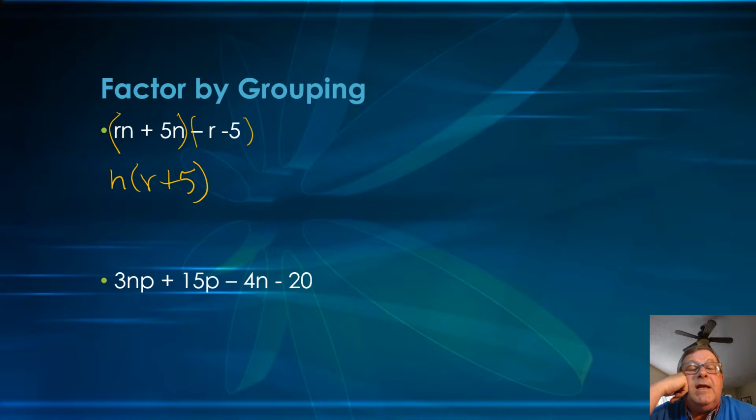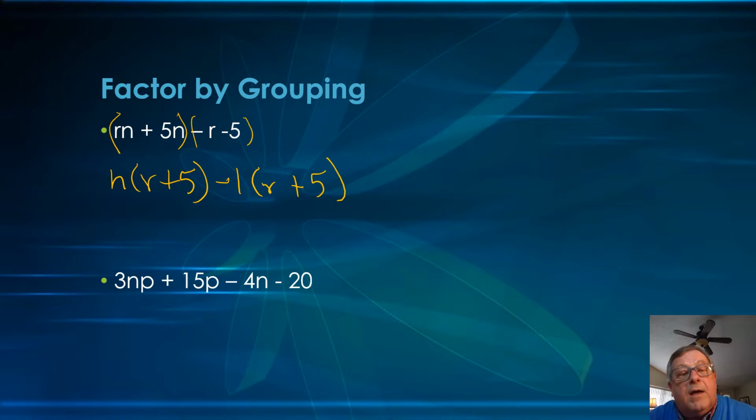Well, if I factor out a negative 1, then that second group is going to be r plus 5. Both of those are negative. If I factor out a negative 1, I'll have a common factor of r plus 5. So let's do that. So I've got negative 1, and negative 1 into negative r leaves me r, and negative 1 divided into negative 5 gives me plus 5.